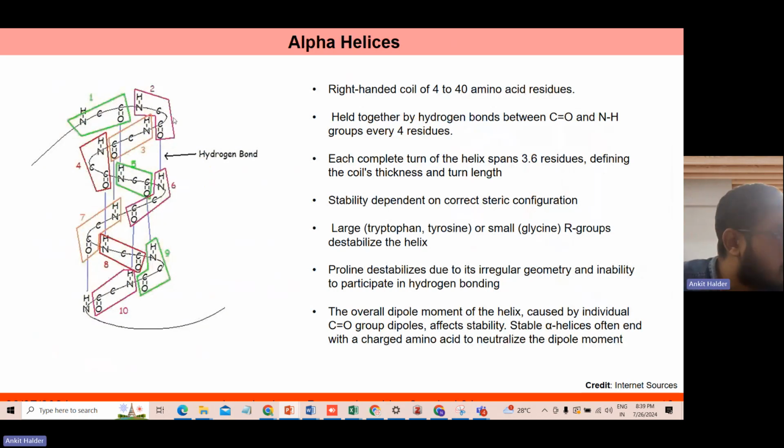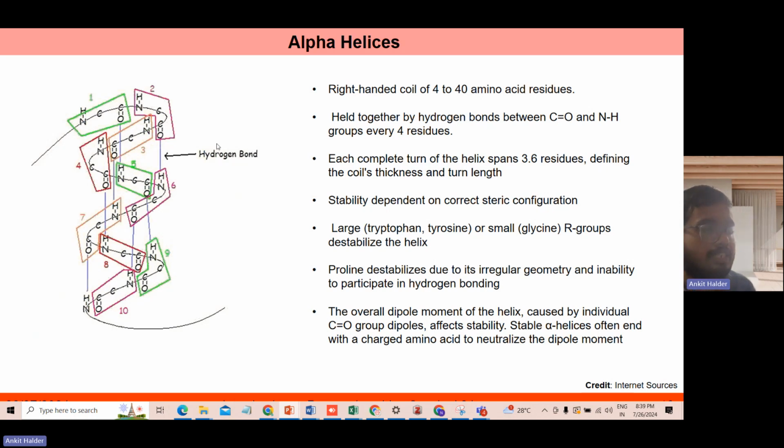As I was mentioning, this is how the alpha helix looks. If you see this, you can follow the numbers. What is the meaning of the term alpha helix?